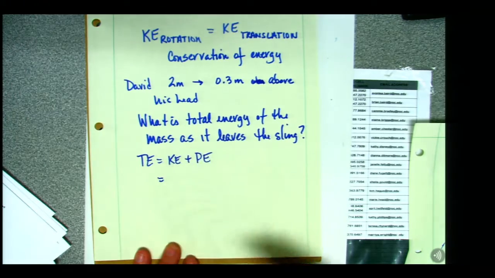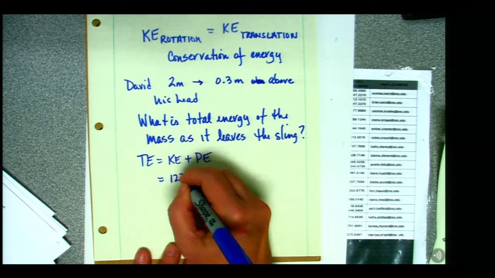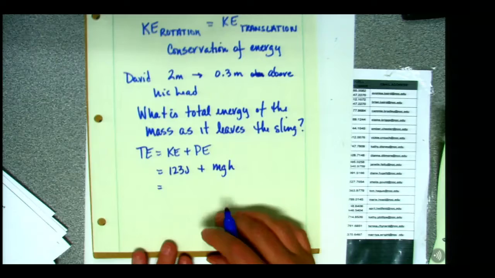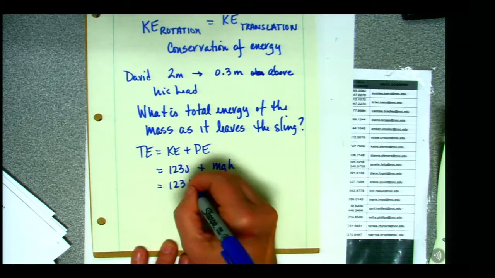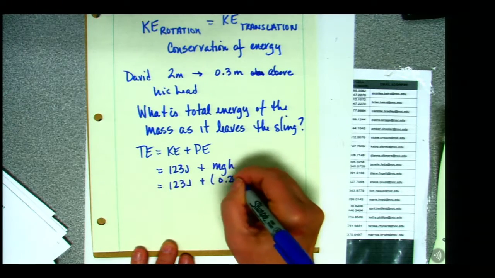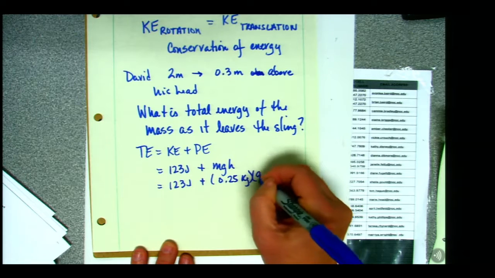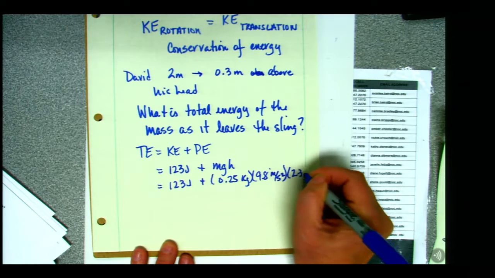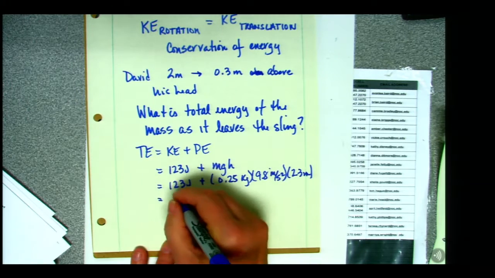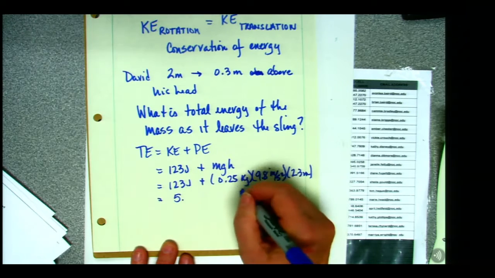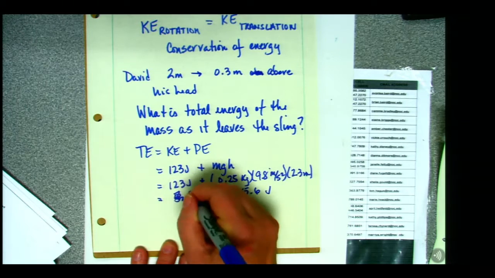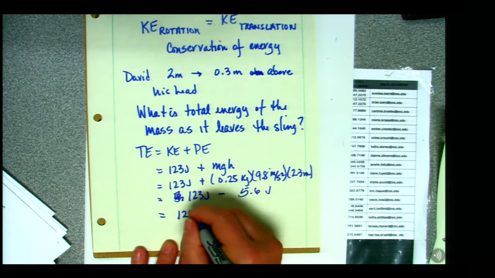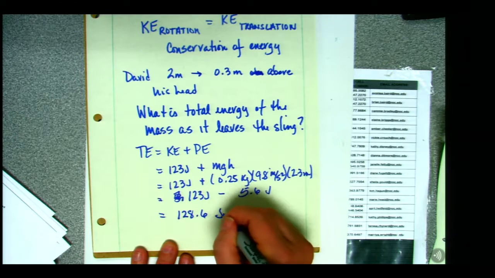My kinetic energy we've already calculated, which was 123 joules, and the potential energy is mgh. So that's 123 joules plus 0.25 kilograms times 9.8 meters per second squared times 2.3 meters when we start off. That gives us 5.6 joules, which we add to the 123 joules, and that gives us 128.6 joules.